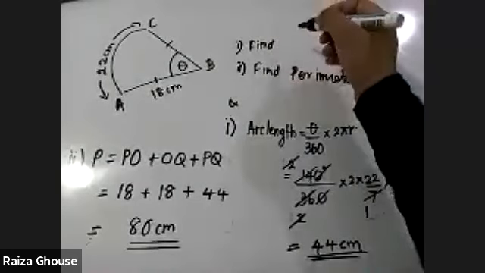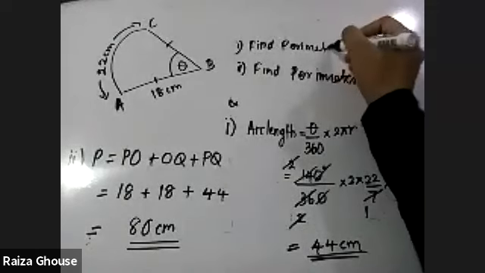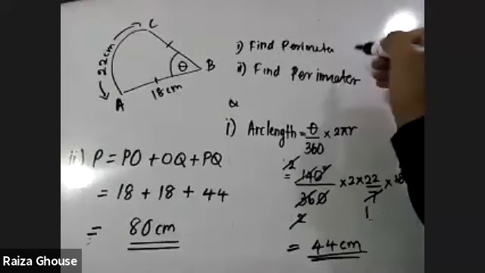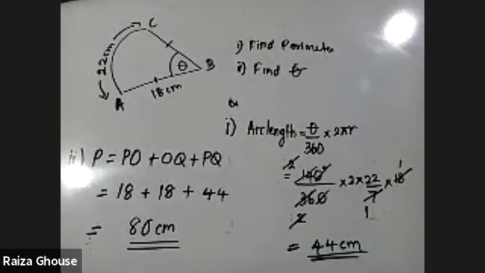Find perimeter, find theta. Theta means the magnitude of the angle. Sadia, I need the answer from you for this one, for theta.